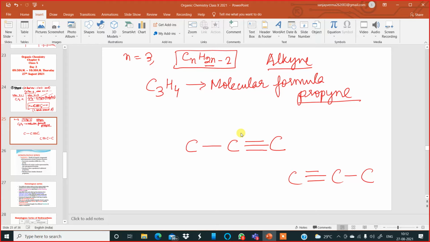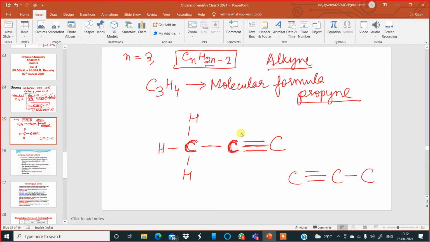After putting the required bonds wherever necessary, now I will give hydrogens to each of the carbon atoms. This carbon which you see will need three hydrogens, one here, and one here. The second carbon, the central carbon over here, already has four bonds.